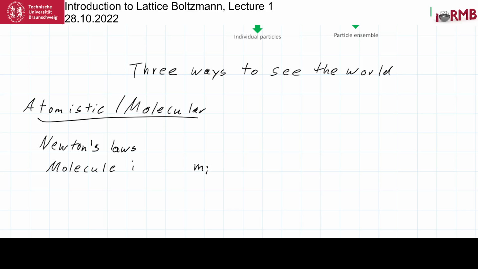So this molecule i has a mass m_i, and it has an acceleration a_i, and this is nothing else than the sum over j of F_ij, where j is the number of a different molecule.